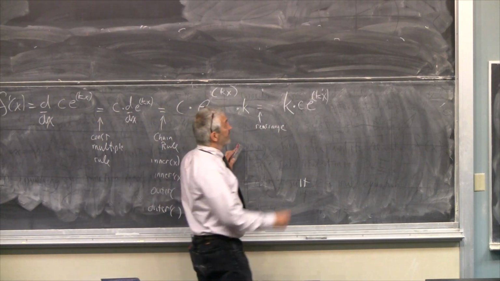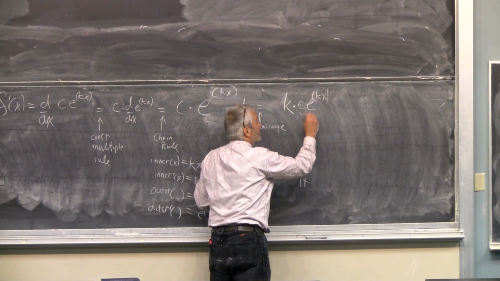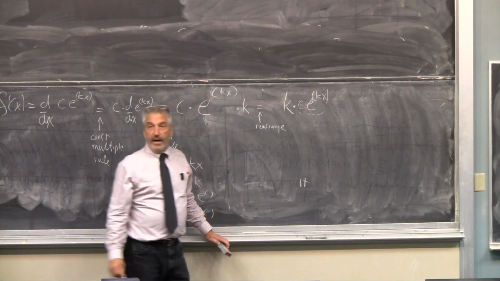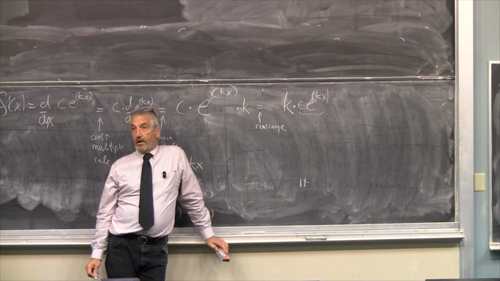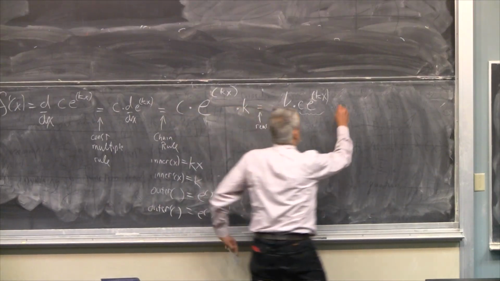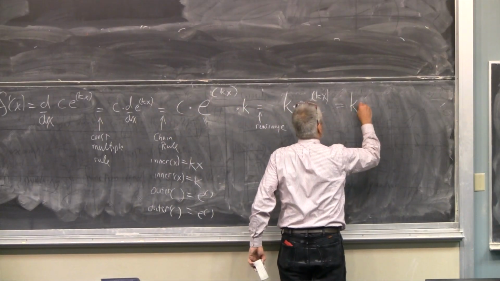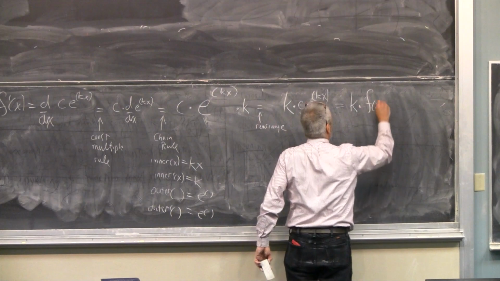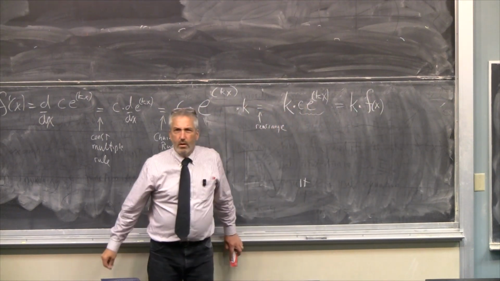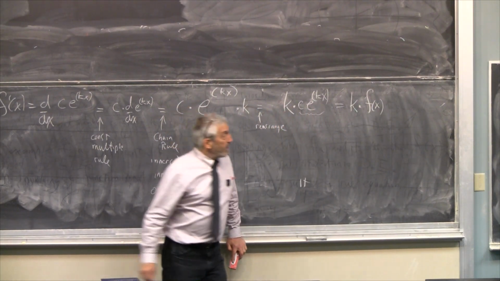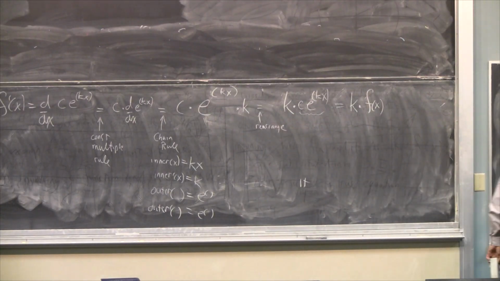K and c are both constants, but look what this thing is. That's the expression for my f of x. So this is k times f of x. Oh, but that's the right side of the differential equation.